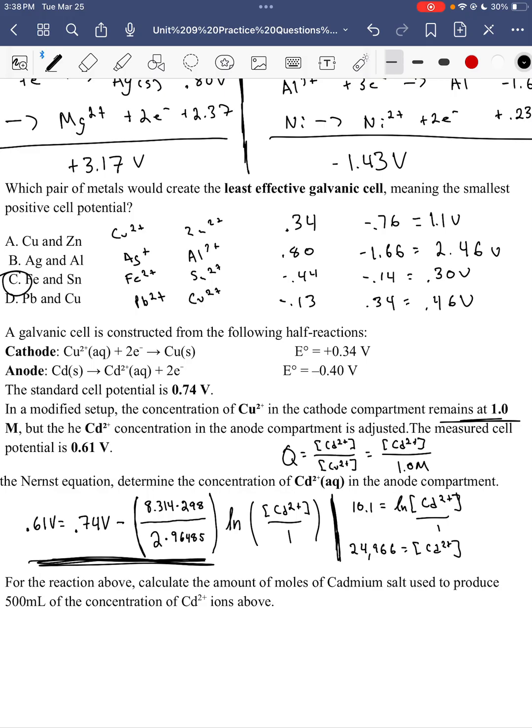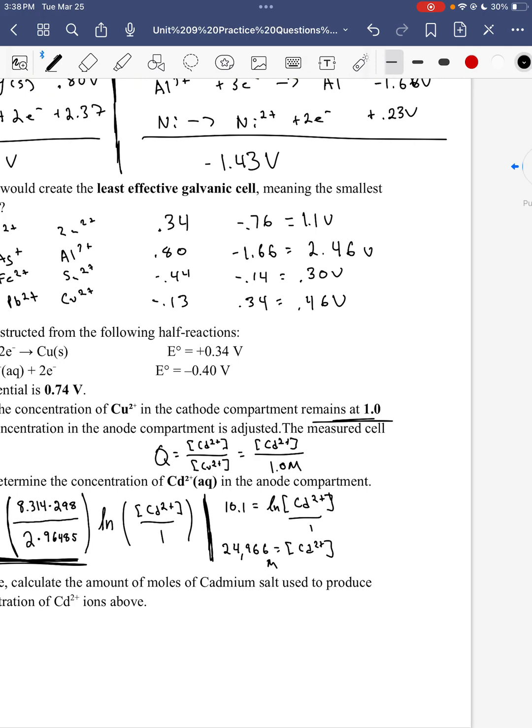So that's my answer, 24,966 molar. Wow, that is unrealistically high.